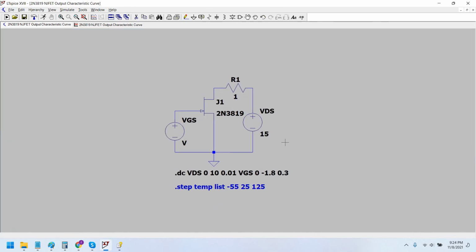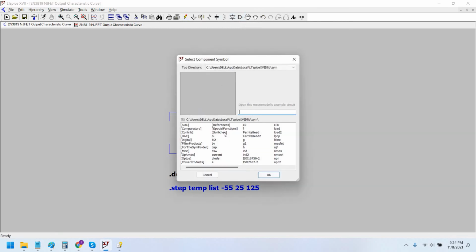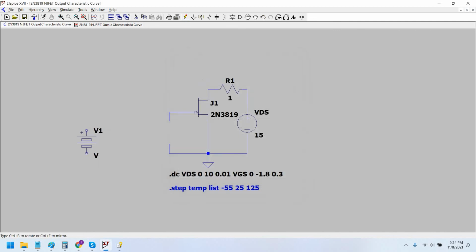Now we have to place the voltage source here. That is a battery source, and this battery would be connected in opposite direction because the voltage is in negative form.